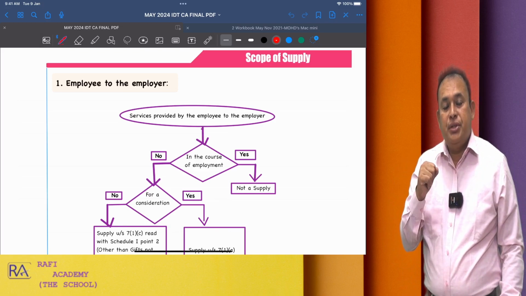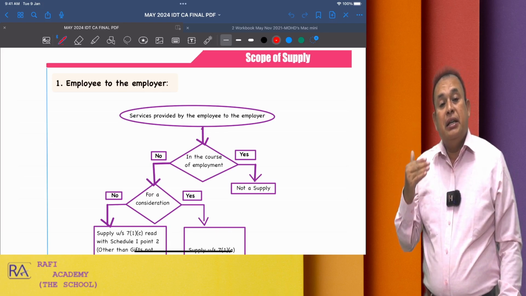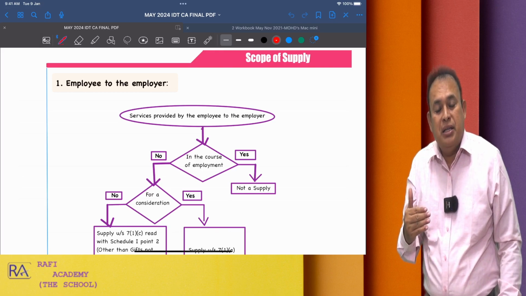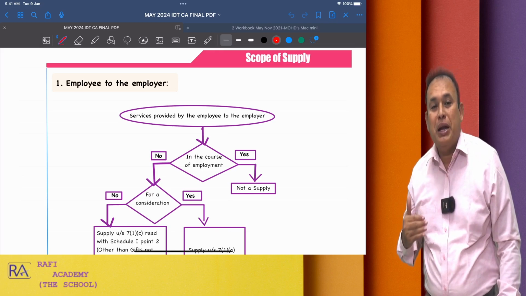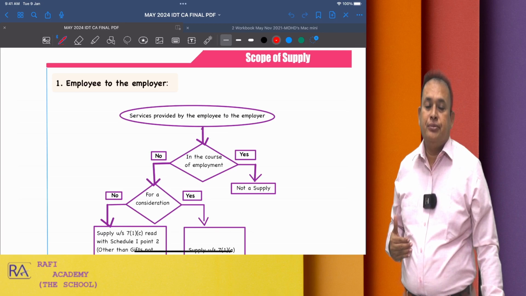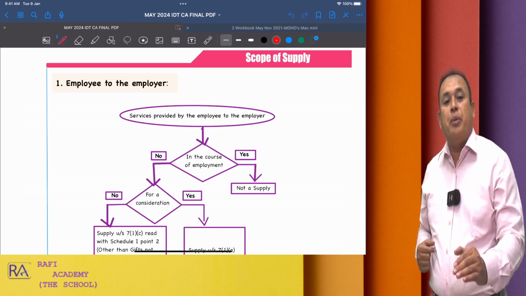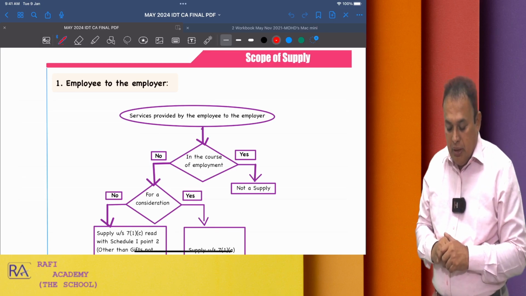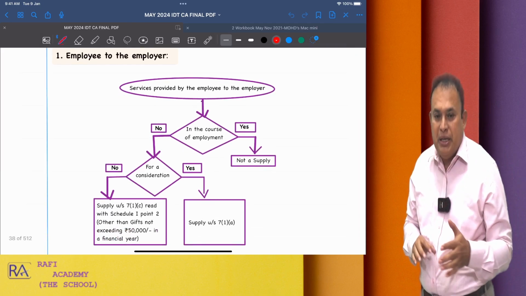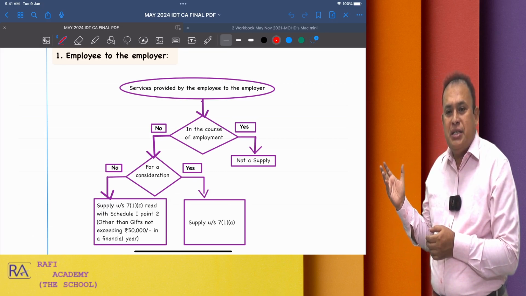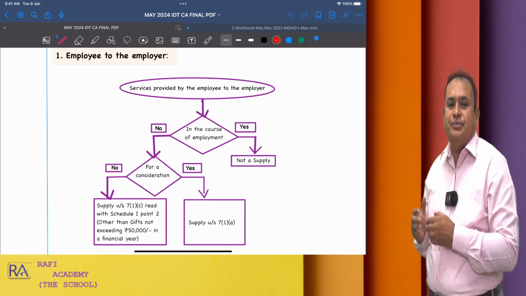That is when the employee provides services to the employer in terms of the employment contract, in the course of employment. In the given case, just look and understand the concept.